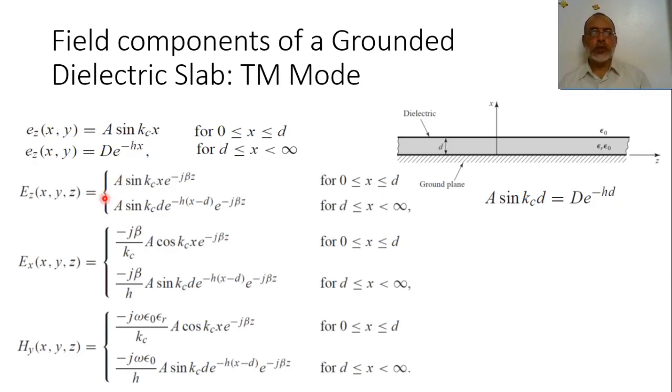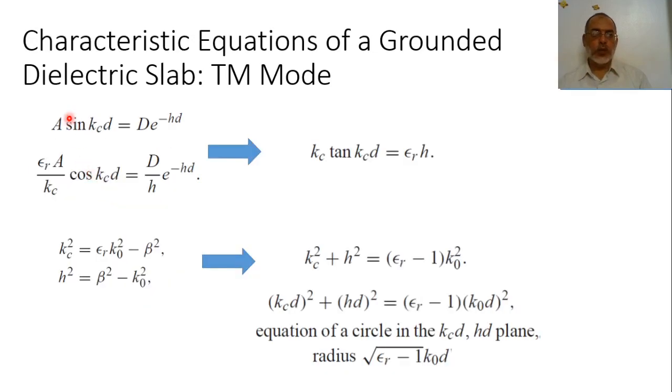The question is, what is the value of beta? What is the value of the propagation constant? This is the remaining unknown. And this remaining unknown would be determined from the relation that we already obtained between A and D. And these two relations, by dividing equation 1 by equation 2, we can find out that sine kcd over cosine kcd would be tan kcd, and here 1 over kc would be kc, and this epsilon r would be on the other side.